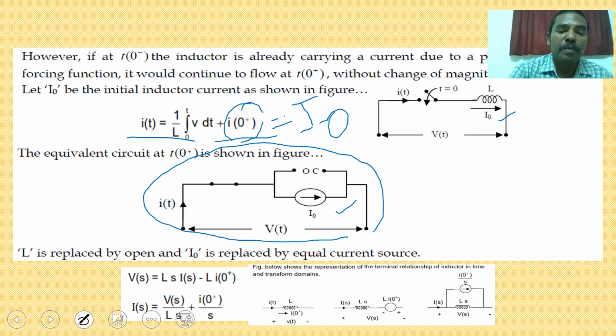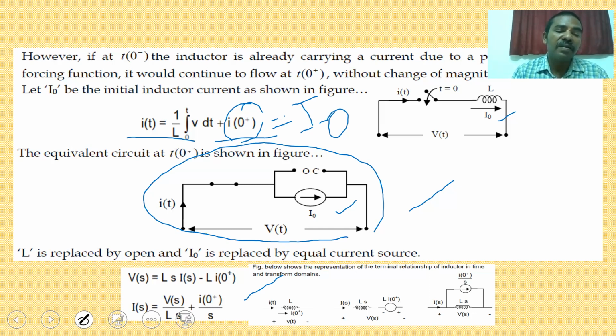So this is time domain analysis. Coming to the Laplace transform, V(s) is equal to L s I(s) minus L i(0+). So i(0+) is what? I naught only, the initial current. Similarly, we want to write in terms of current.